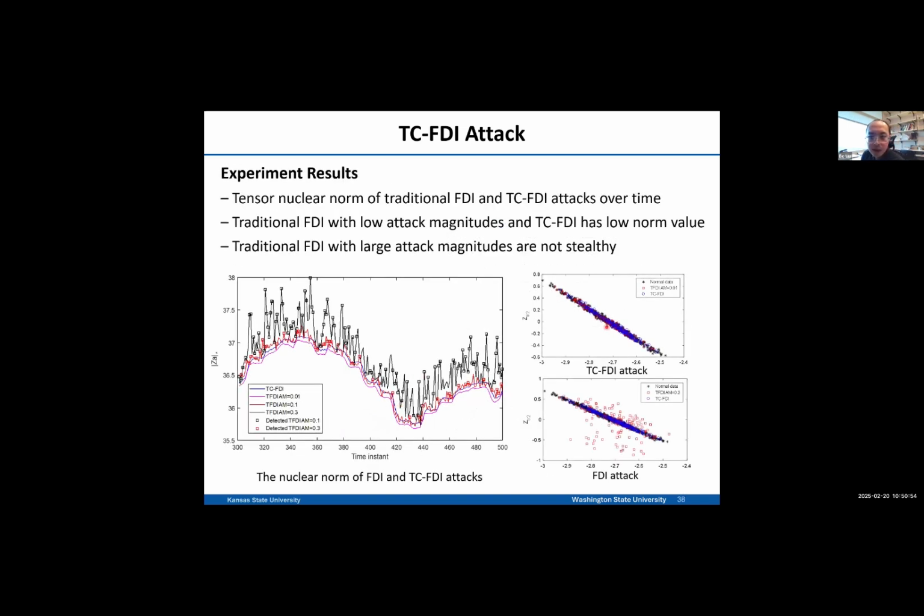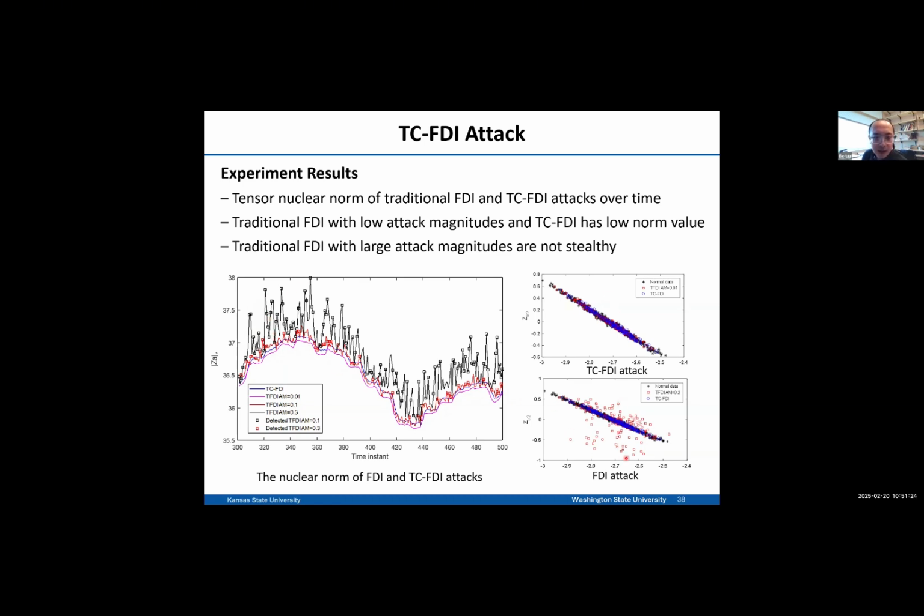So here we present the tensor nuclear norm of the traditional FDR attack using the black line, and the nuclear norm of the proposed tensor attack is represented by this blue line. We can see that our blue line can achieve a lower rank value, but the FDR attack with a larger magnitude can cause a spike in the nuclear norm.